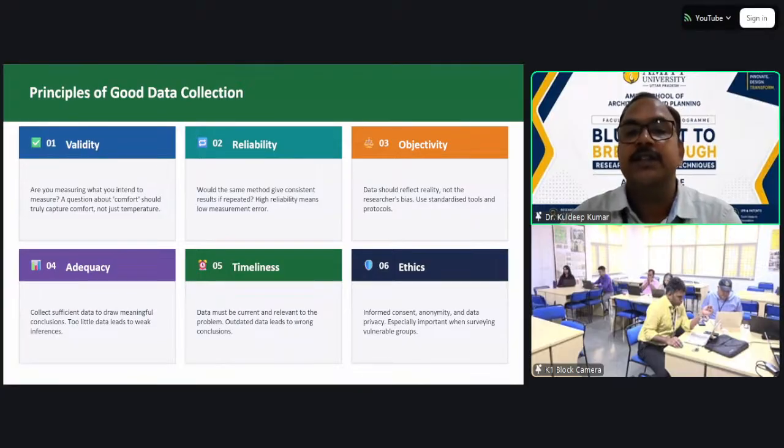Sixth is ethics. Remember that ethics is non-negotiable in research. Obtain informed consent from all participants. Be especially careful while surveying vulnerable groups like slum residents, children, people with disability, and communities in conflict.